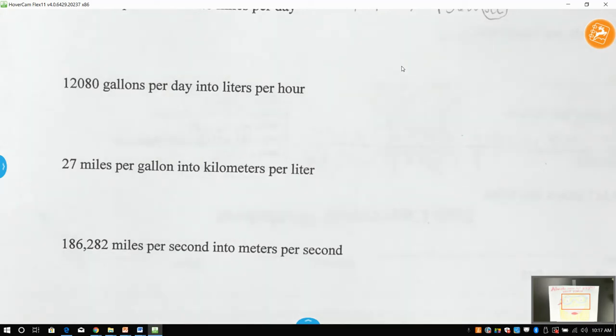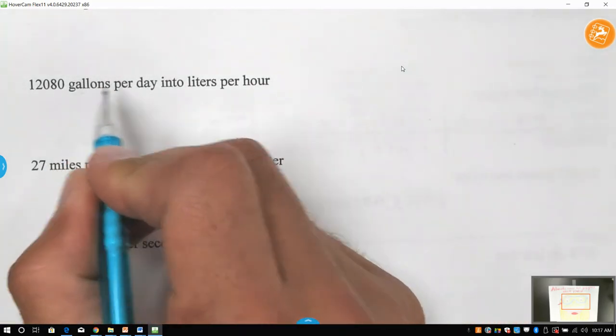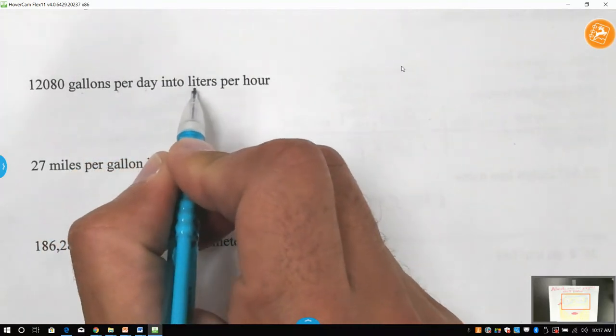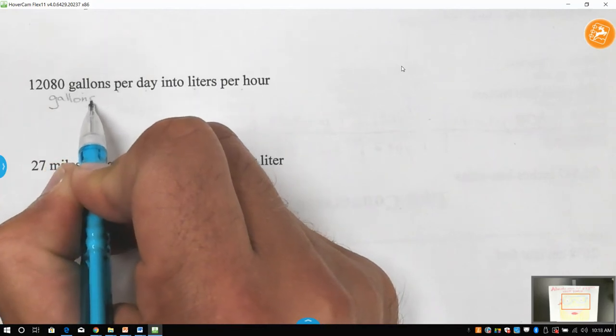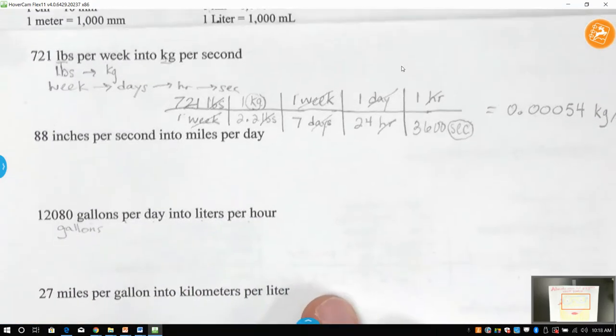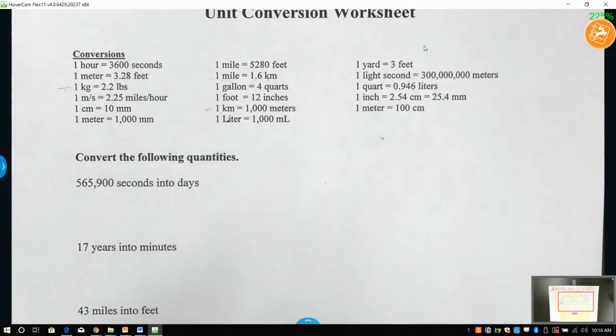All right, we'll do this guy first. We want to go from gallons per day to liters per hour. I don't have a conversion up here though. Let me zoom out for a second.